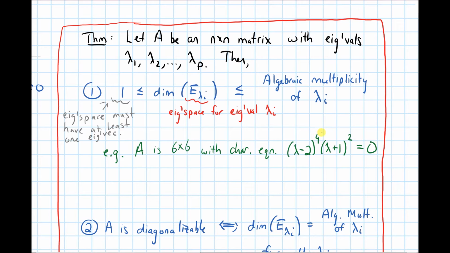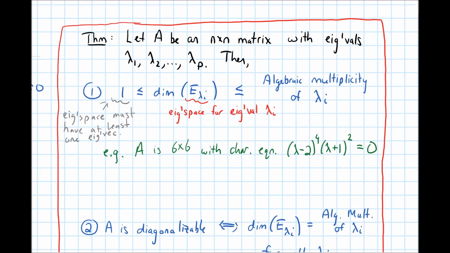Notice that these powers match up here because 4 plus 2 is 6, and that corresponds to my matrix being 6 by 6. So the sum of these algebraic multiplicities is the degree of this polynomial, 6. And it makes sense that my characteristic polynomial should have degree 6 because it's a 6 by 6 matrix.